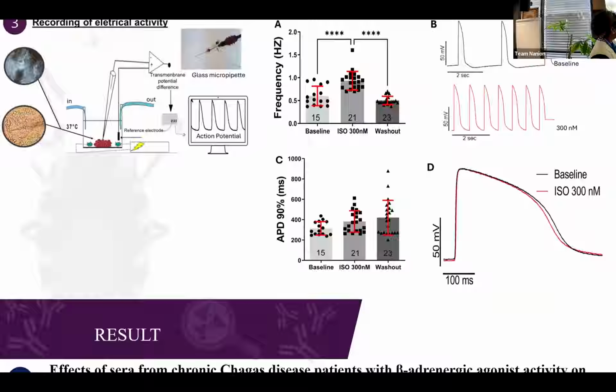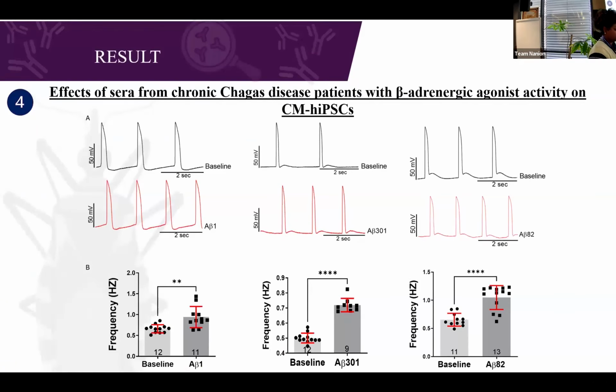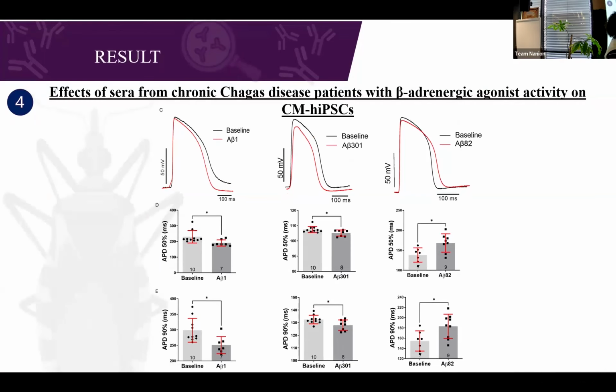After that, I used the sera of the patients. With 3 different patients, when I perform the sera in a Tyrode solution, I see an increase of the frequency. You can see that all of them increase the frequency. They also change the repolarization.